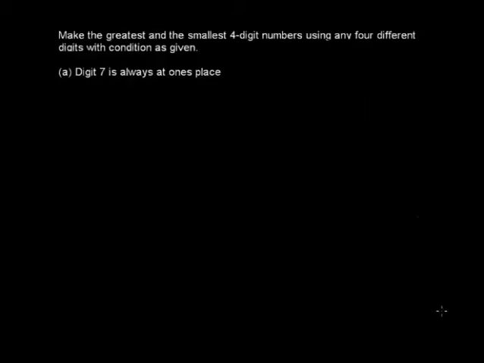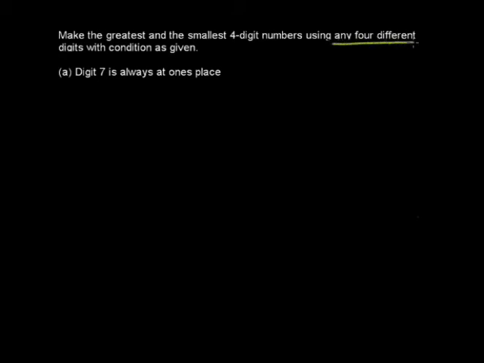The question is, make the greatest and the smallest 4-digit numbers using any 4 different digits with the condition as given. The first condition is digit 7 is always at ones place. Now, if you notice, we have no digits given in the question, right? Like which digits we have to use, but it says using any 4 different digits.